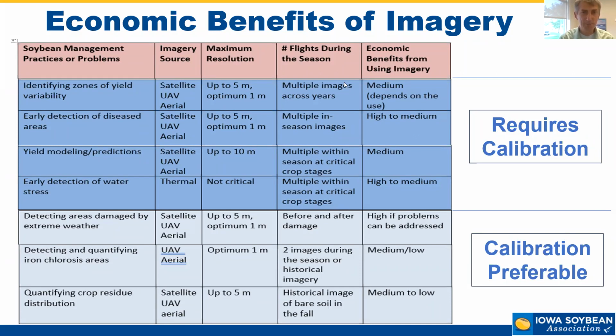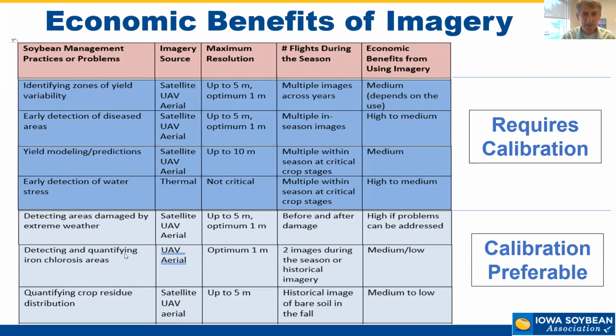Whenever we need several images, calibration is really helpful. That's the case if you're trying to identify zones of yield variability, maybe detect a disease area early before you can see symptoms, predict yield, do modeling, or detect water stress early.